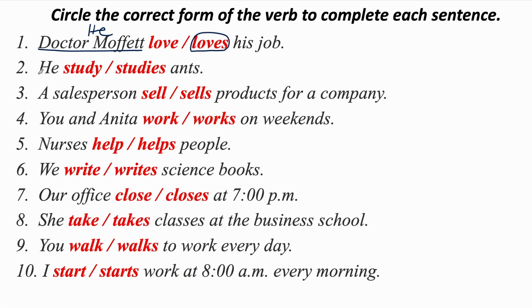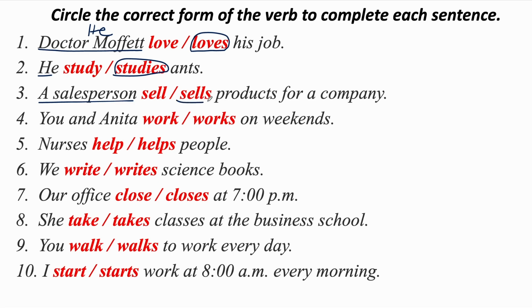Perfect. Tell me, how about this? He dash and is, we have he. Remember, as I told you, he studies? No, he studies ants. Okay, a salesperson. Now this is singular, a single person. So automatically, a salesperson sells products for a company.